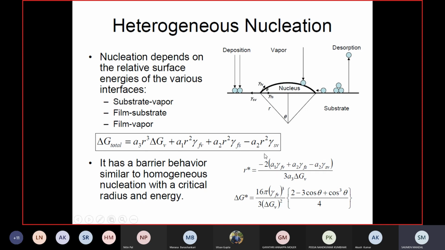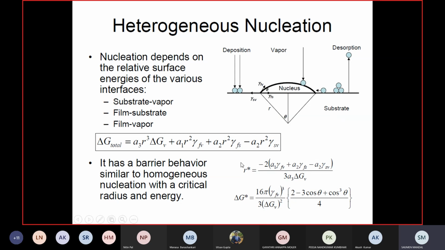R asterisk is the critical radius in this heterogeneous nucleation, and del G asterisk is the barrier, the energy required to get one stable nucleus. From the overall energy equation, if you take the derivative and set del G by del R equal to 0, then you get del G asterisk. I think this was there in your phase transformation course.